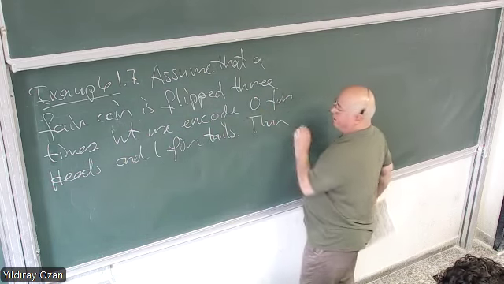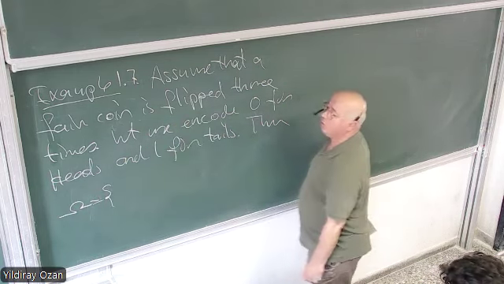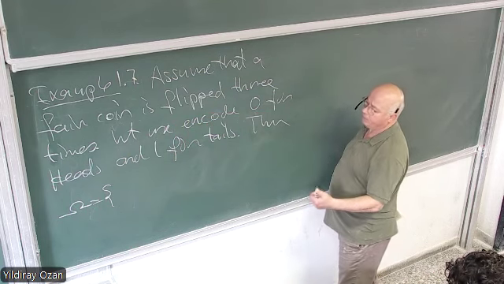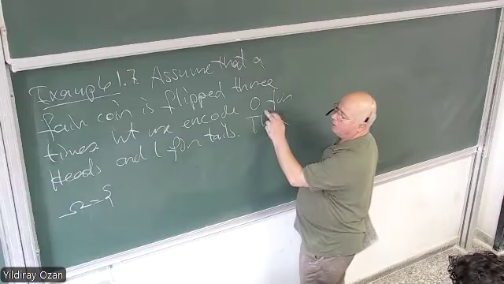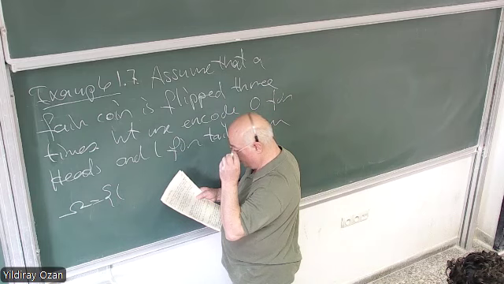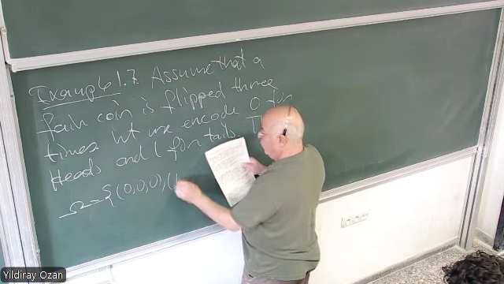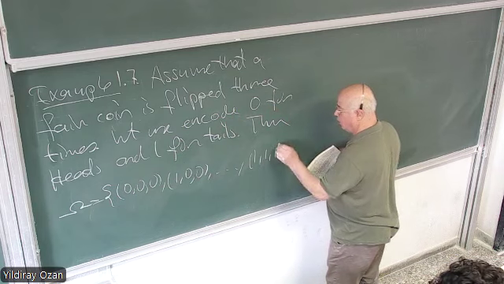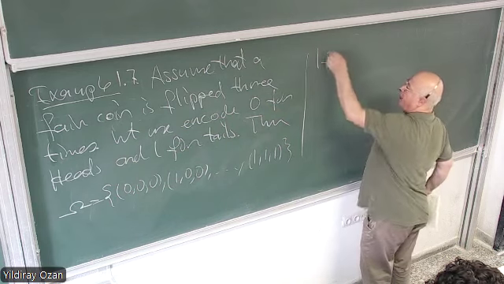Then the sample space will be what? So we flip once and then we record it, and then we flip again, and then we flip again. So we get 3 numbers which are either 1 or 0. So I have just 1, 0, 0, and up to 1, 1, 1, right? How many elements will this have?